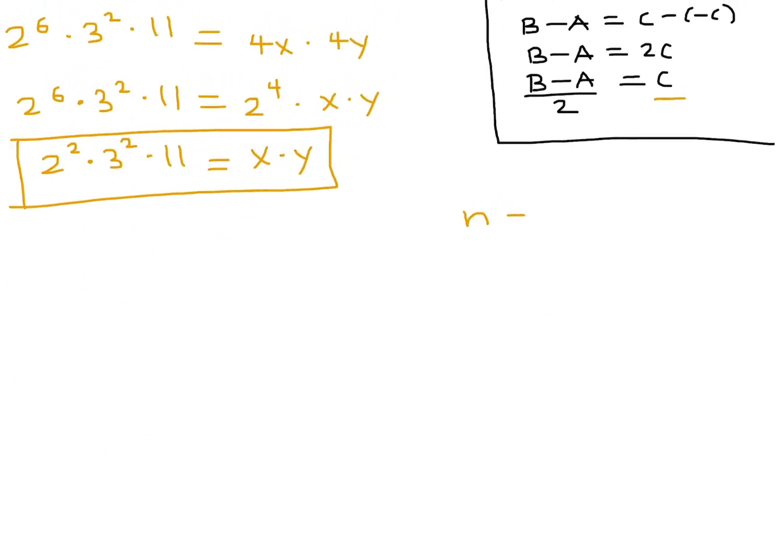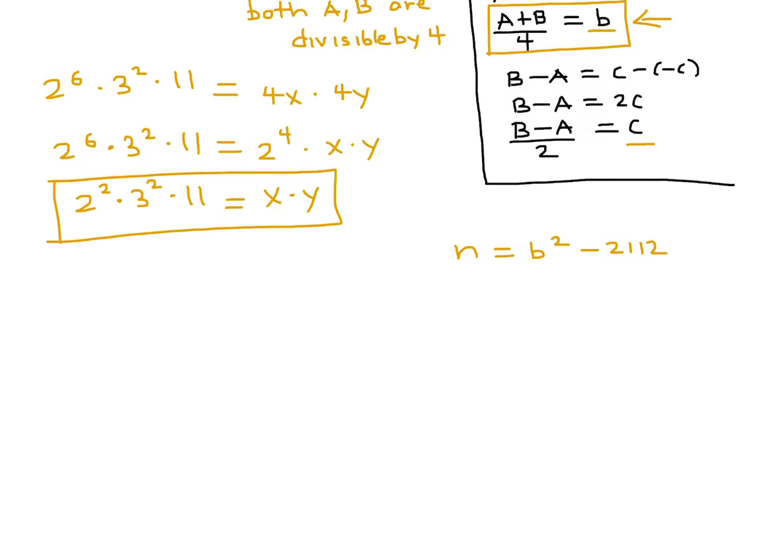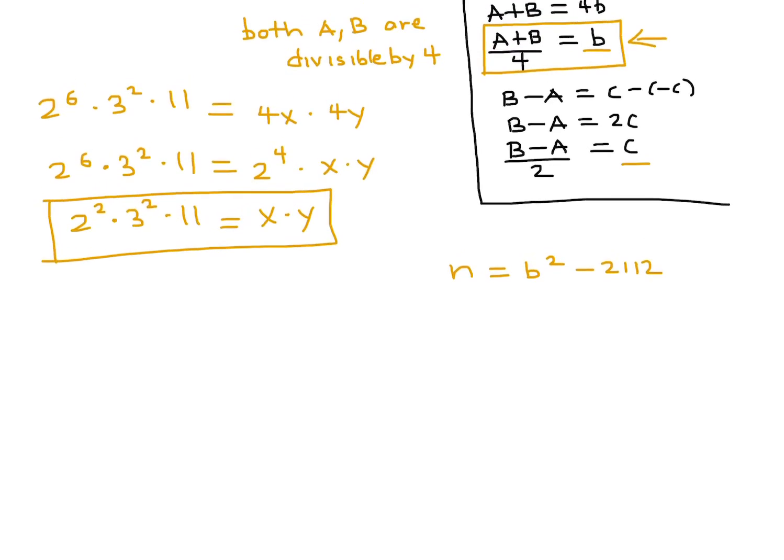So we had n is equal to b squared minus 2112. Now b, we figured out here, is a plus large b over 4, all squared, minus 2112.